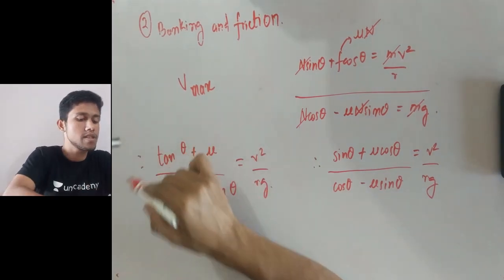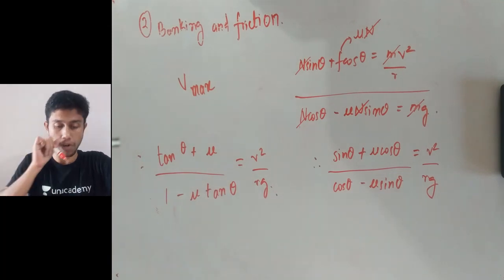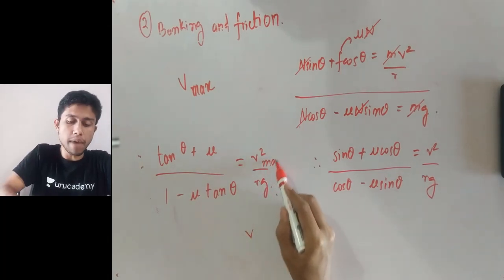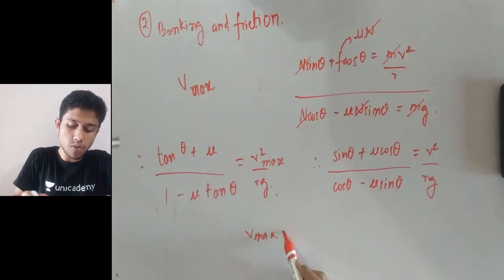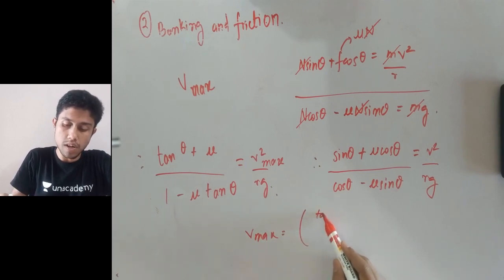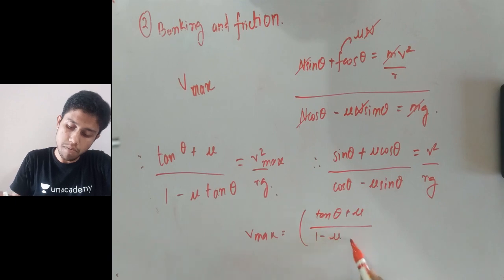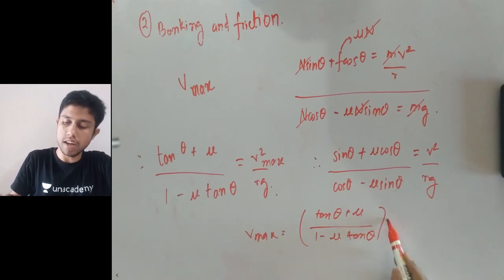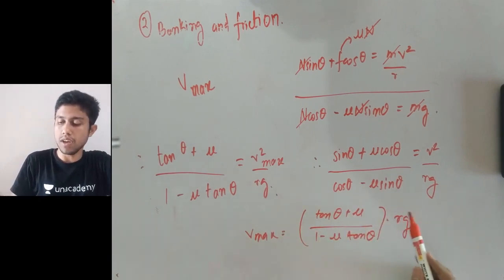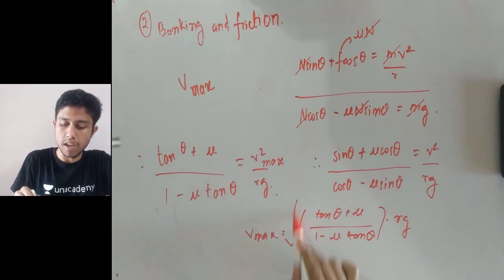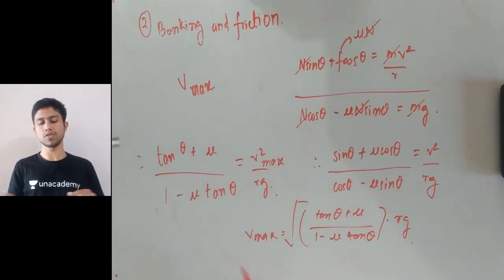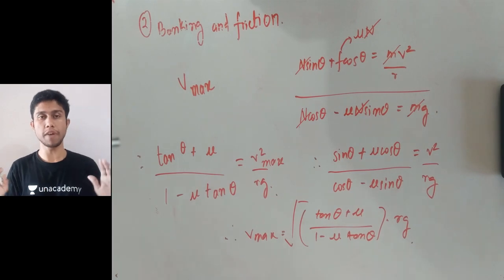Up till now, this is the most simplified formula you have got. So this is Vmax. Vmax equals root over tan theta plus mu upon 1 minus mu tan theta, dot rg. So this is the ultimate expression of Vmax.